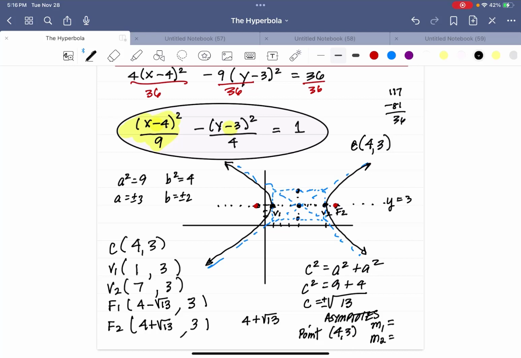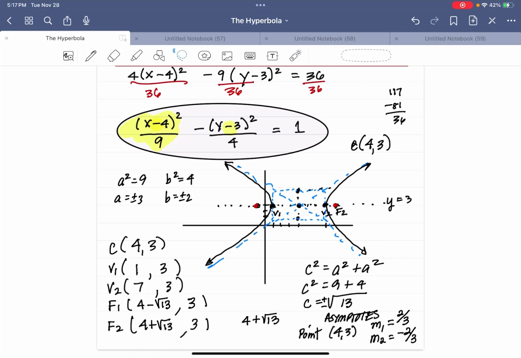And it doesn't matter if you do the positive one first or the negative one. But look what we did. We went up 2 to the right 3. So the slope of the positive one is up 2 to the right 3. And the slope of the negative one is down 2 to the right 3, okay? Down 2 to the right 3.